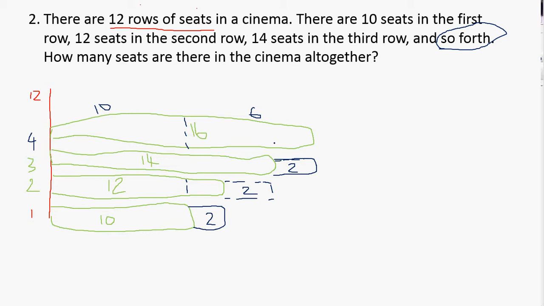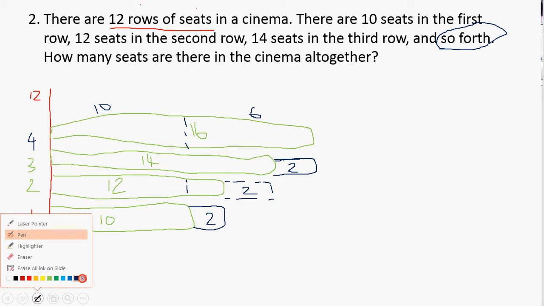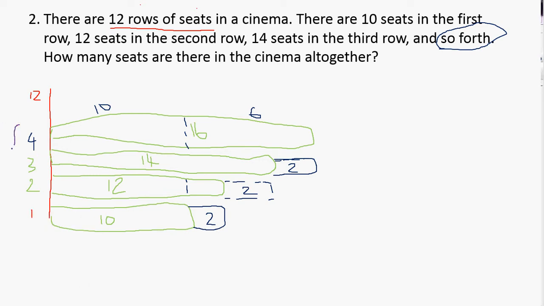So this is 4 rows, right? Every 4 rows, it increased by 6 seats. Can you see? Every 4 rows, it increased by 6 seats.